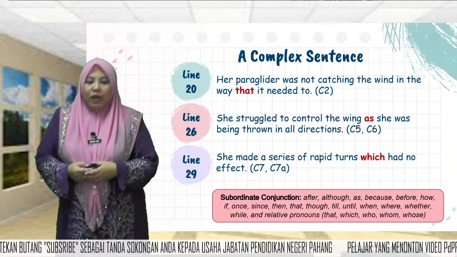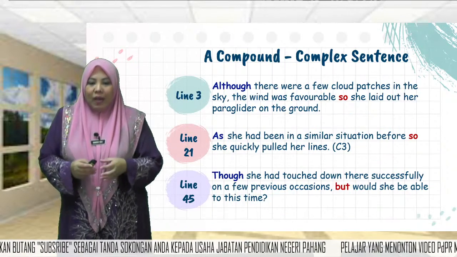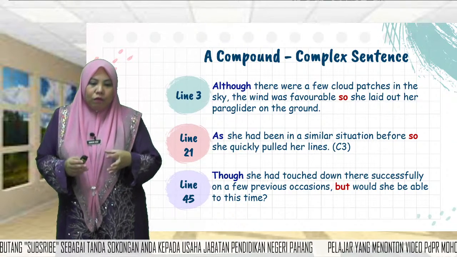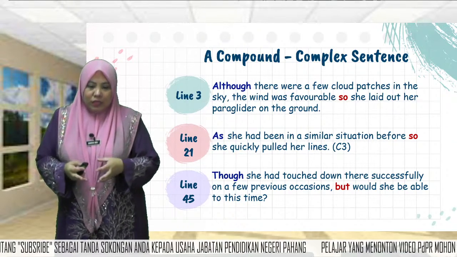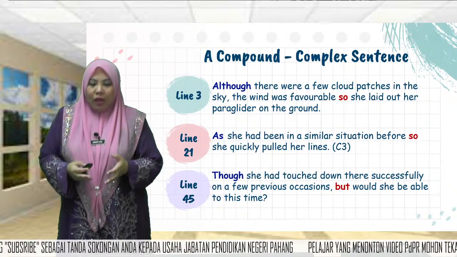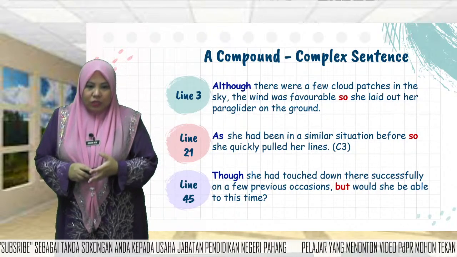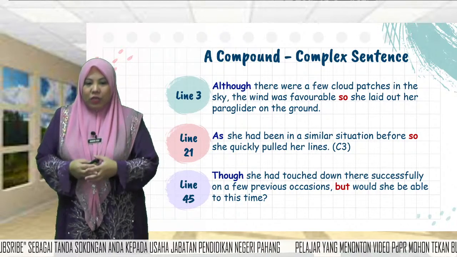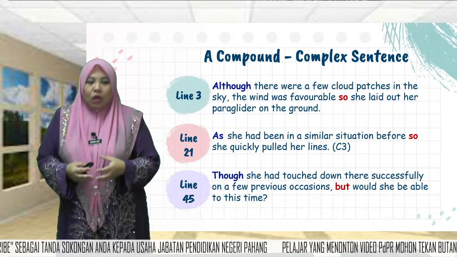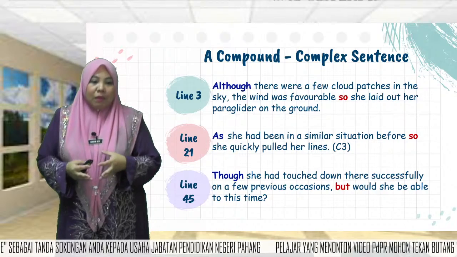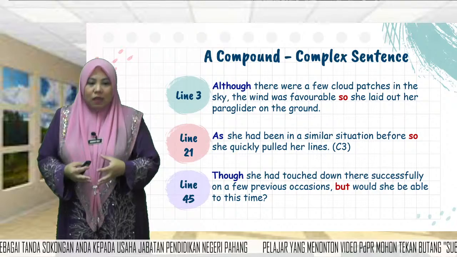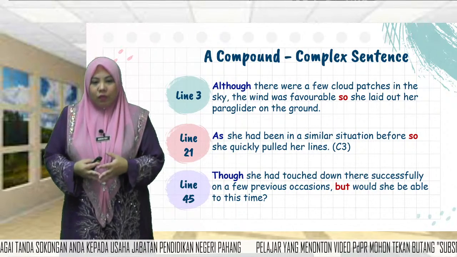Okay? And the final one is a compound complex sentence. So this is where you have two or more independent clauses and one or more dependent clauses joined by coordinating conjunction and also subordinating conjunction. Okay, so you have the first one in line 3: although, that would be the subordinating conjunction, there were a few cloud patches in the sky, the wind was favorable.